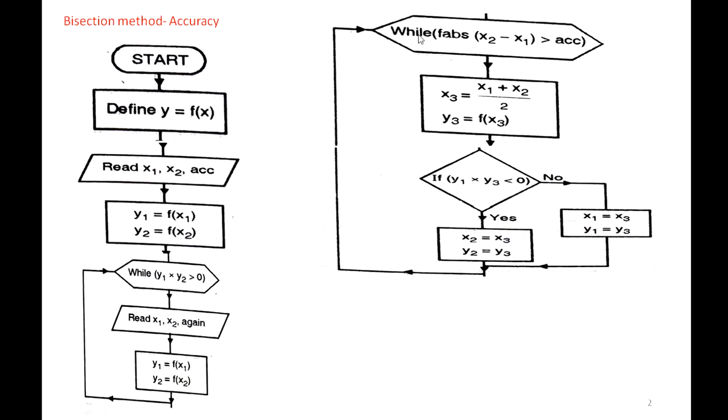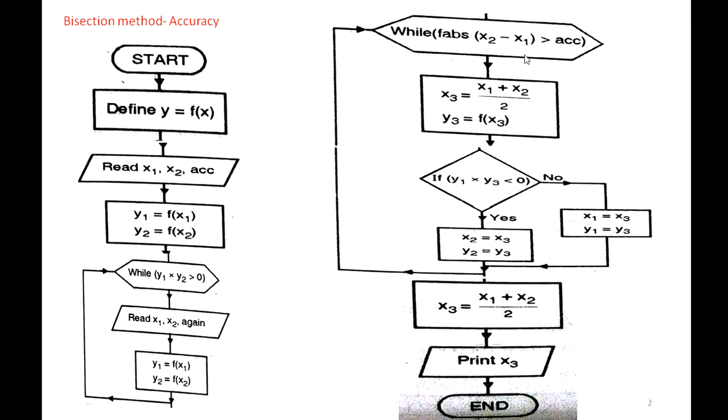We have to continue this loop until the x2 minus x1 value is less than accuracy. If the value is coming greater than accuracy, then this loop will continuously execute. To stop the loop, the mod value of x2 minus x1 should be less than accuracy.